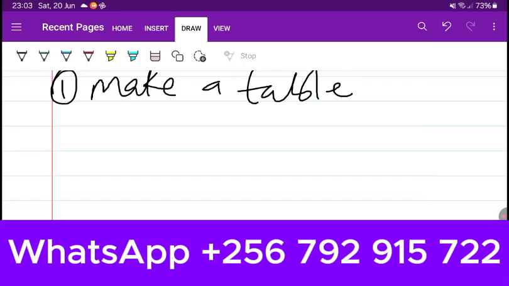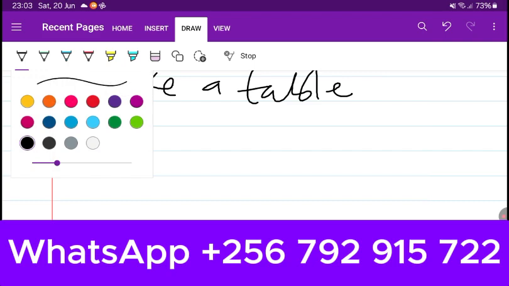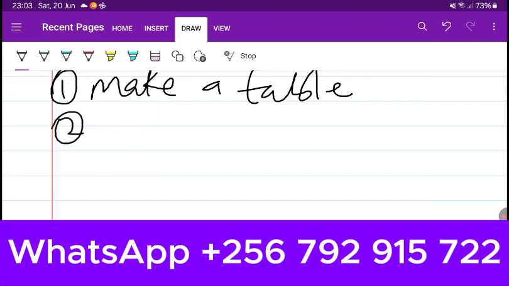Of course, the second step is to tally the groups.